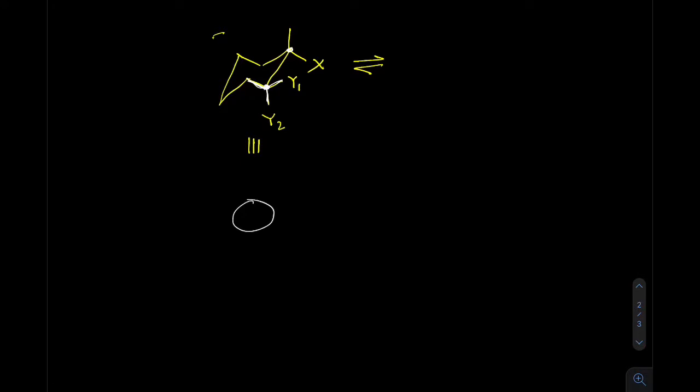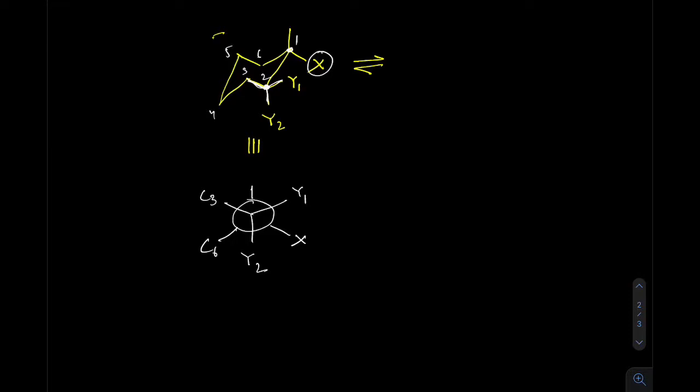If I number 1, 2, 3, 4, 5, 6, this will be C3, Y1, Y2, and for the back carbon there is a methyl group, and this will be X here, and this is C6. So this is the structure of that particular cyclohexane.